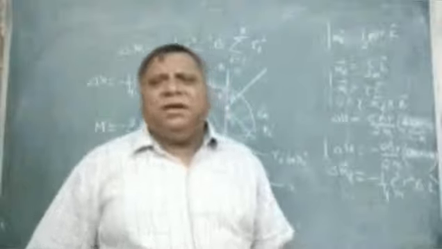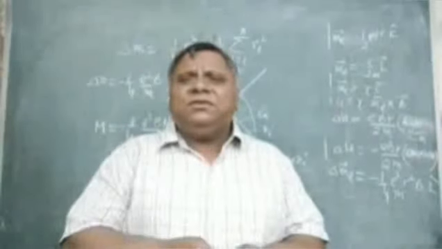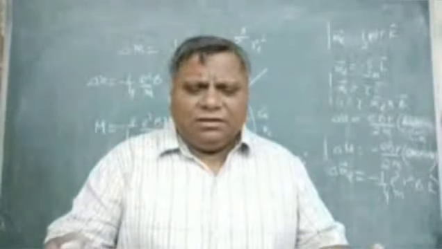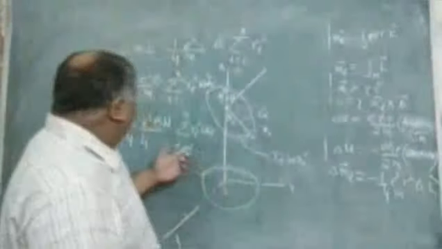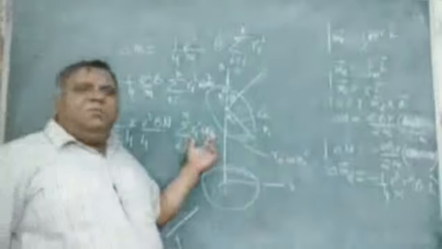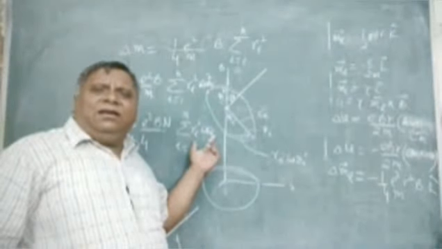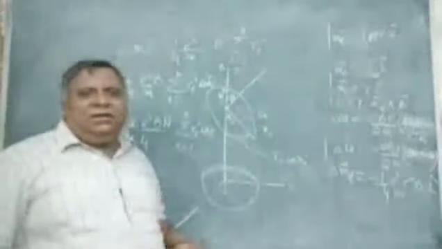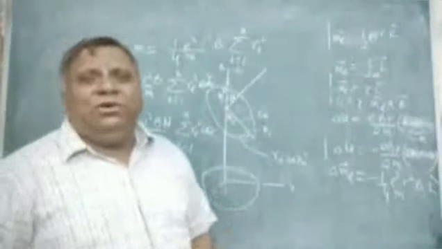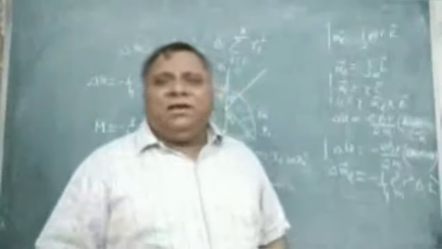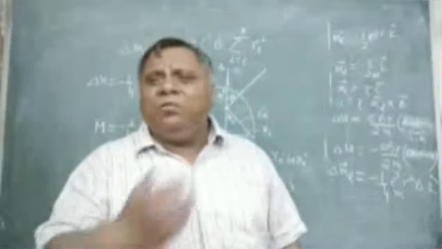But in a specimen, atoms may be randomly oriented, so we must take an average of this Ri cos theta. That is, it must be replaced by an average value, where the average is taken over all possible orientations.